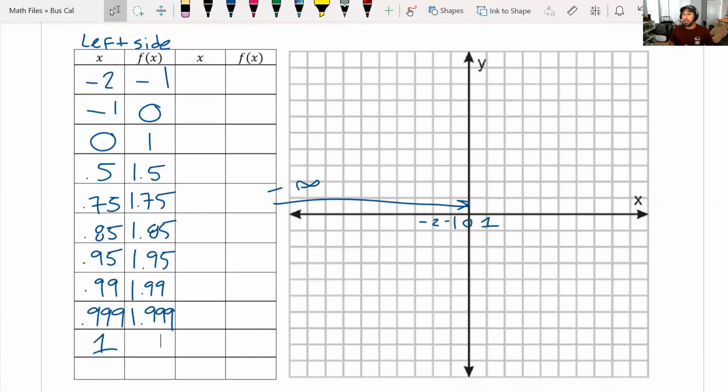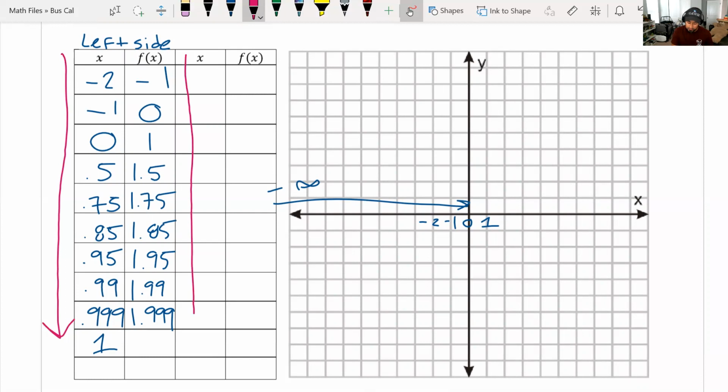And then eventually we see that, okay, listen closely, this is how we work a limit. We see as these x values get closer and closer and closer to 1 from the left side, my y values are getting closer and closer and closer to what number?